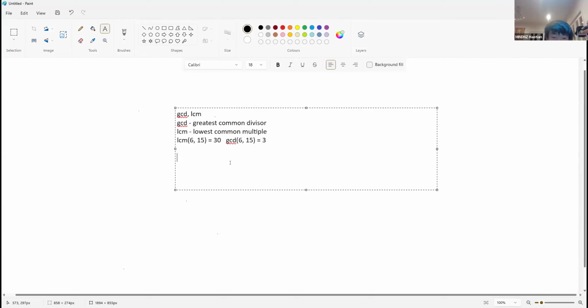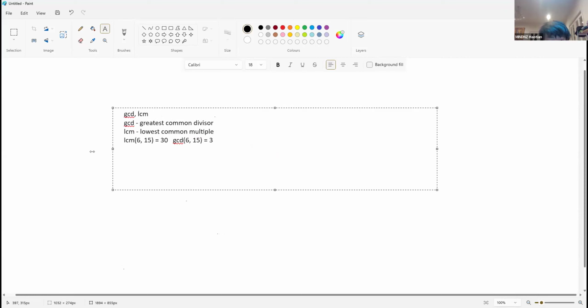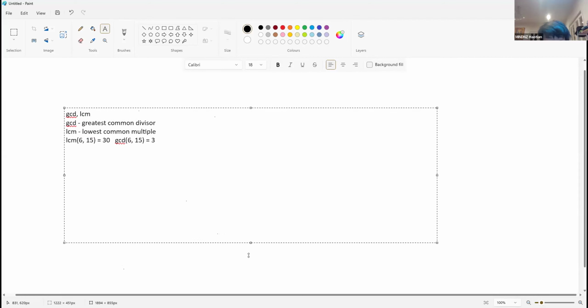And now we'll move on to prime factorization. This was briefly touched on at the end of last tutorial. Firstly, as a warm-up, can everyone factorize these numbers? I'll give you guys 20 seconds.